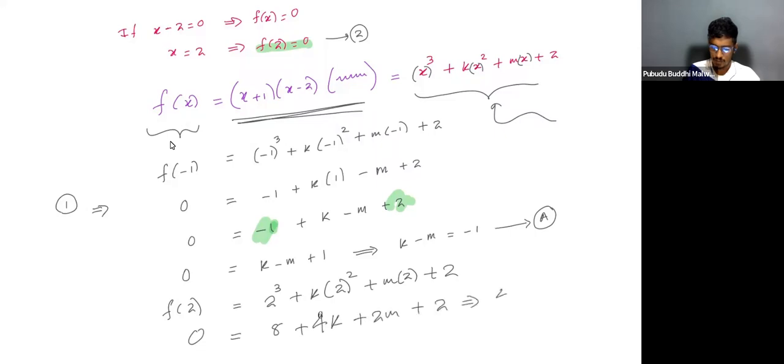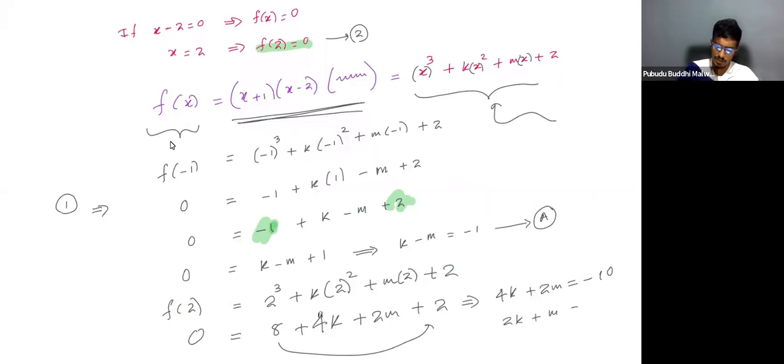Then you can simplify that. 4k plus 2m equals minus 10. Because here plus 10, 8 plus 2, as you move that to the other side, it will become minus 10. Then I would like to divide this entire equation by 2, because that's possible. 2 is a common factor. That way I'll get 2k plus m equals minus 5.